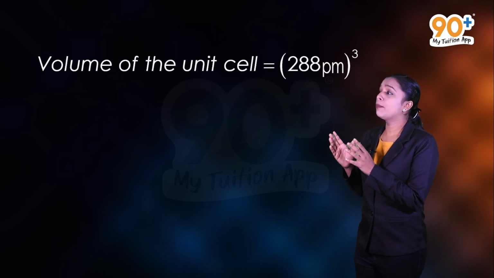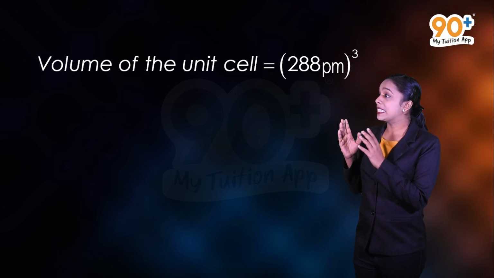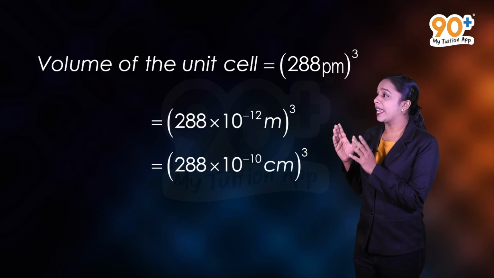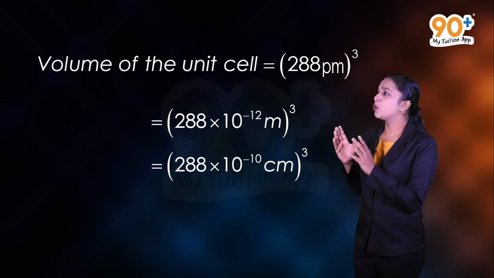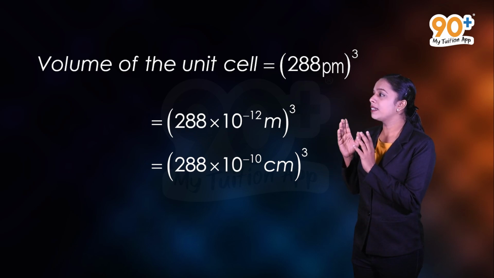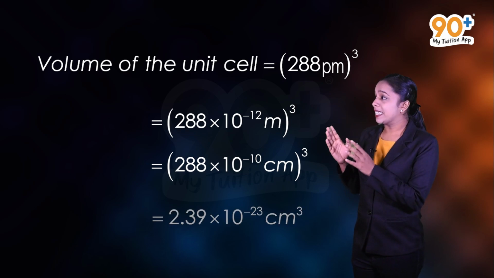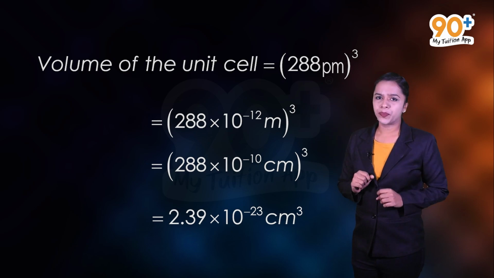Here, the volume of the unit cell is equal to 288 picometer the whole cube. That is equal to 288 into 10 raised to minus 12 meter the whole cube, that is equal to 288 into 10 raised to minus 10 centimeter the whole cube, that is equal to 2.39 into 10 raised to minus 23 centimeter cube.